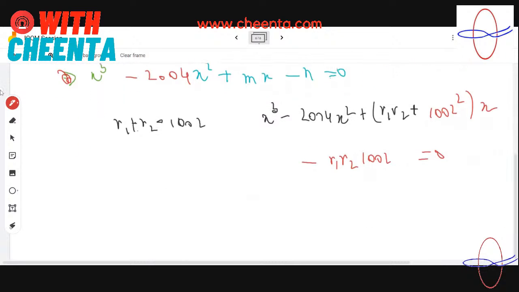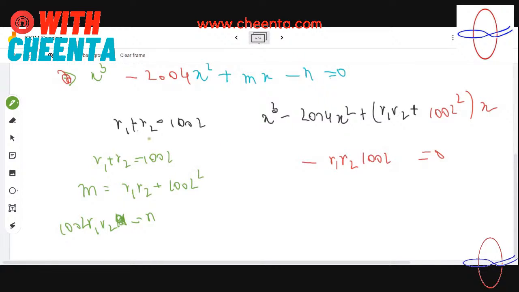So therefore what do we get? We get that m equals r1 r2 plus 1002 whole square, r1 plus r2 is equal to 1002, and 1002 r1 r2 is equal to n. This is the thing we are getting.